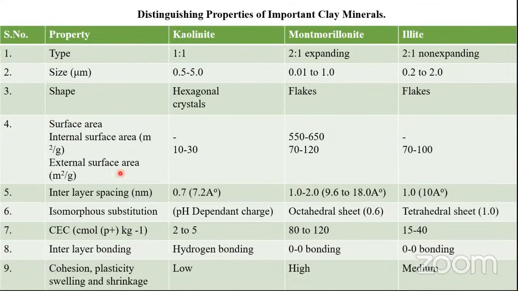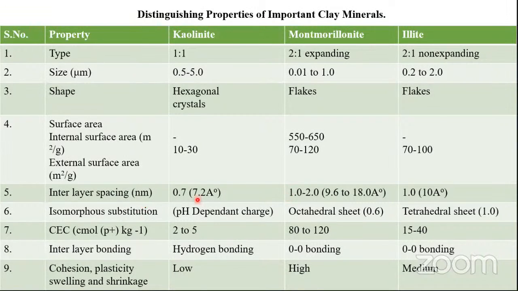You can read all those things in the summary. For surface area, kaolinite has no internal surface, and the external surface is 10 to 30 square meters per gram, whereas montmorillonite, because it is an expanding type, has 550 to 650 internal surface area, and external surface area up to 70 to 120 square meters. Illite is a non-expanding type, so naturally there will be no internal surface, and external surface is 70 to 100 square meters.